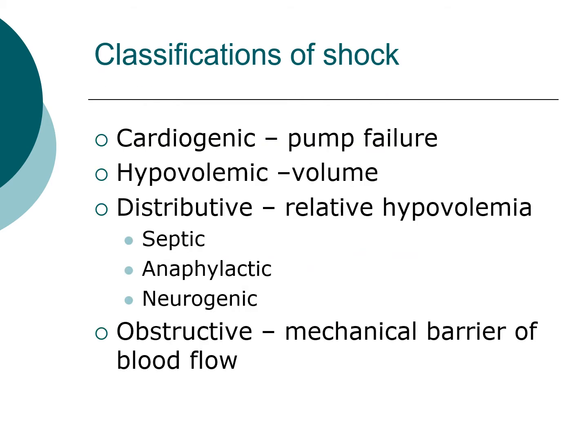Now your text has a variety of classifications of shock, and we'll stick with that. So they talk about cardiogenic, which obviously would be due to cardiac or pump failure. There would be hypovolemic, then distributive, and obstructive.